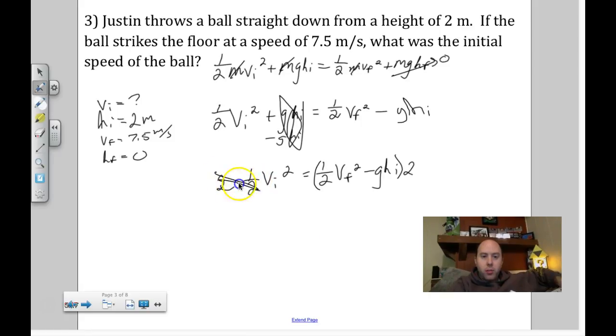So these go bye-bye, and I'm left with initial velocity squared equals, and if you want to distribute this too, you can. So 2 times 1/2 times final velocity squared is just final velocity squared minus 2 times gravity times initial height. I did what's called distribute the 2, meaning I multiplied everything in the parentheses by 2.